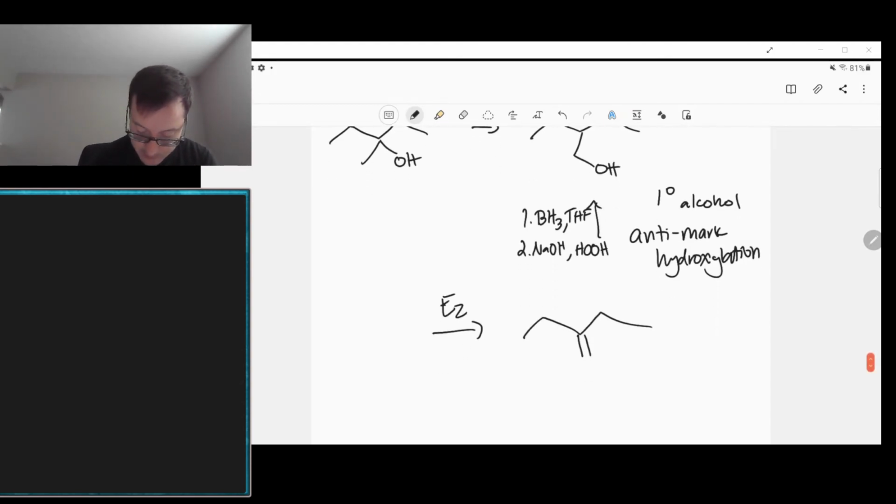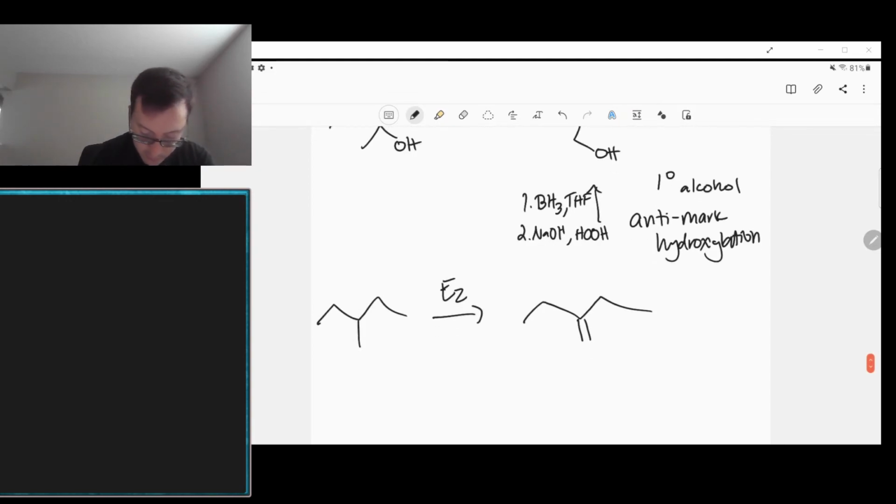So conditions for that would be, you've got to have a leaving group there, and then we'll have our bulky base come in and grab a hydrogen off.